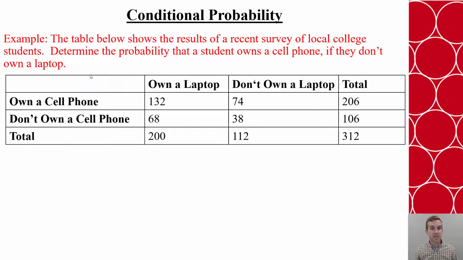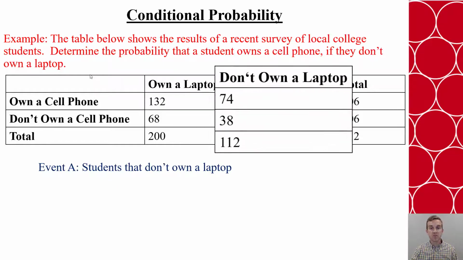Let's look at another example. Say in this table, we have students that have been surveyed at a local college. And we're looking at the probability that a student owns a cell phone if they don't own a laptop. So we start with the first thing, that "if." We're given that they don't own a laptop. So that is that middle column of students, which there are 112 of those students. We don't care about the rest of the situation.